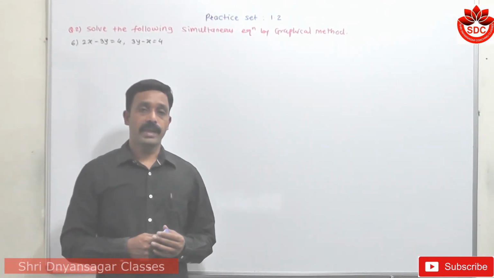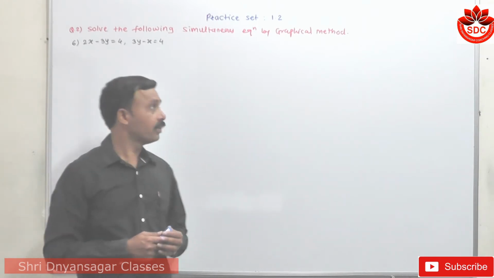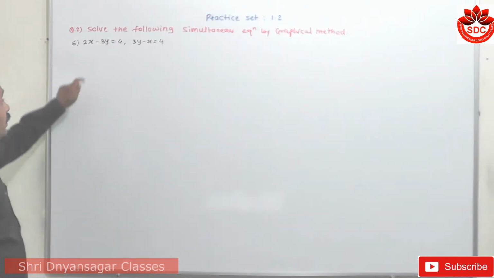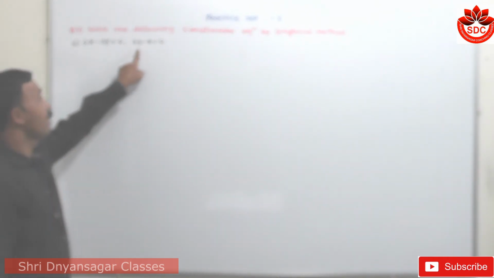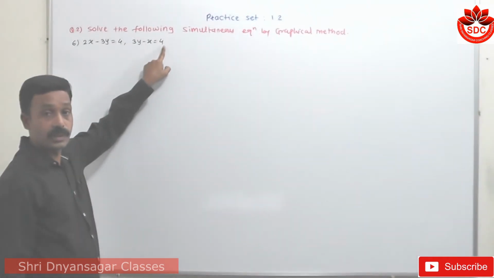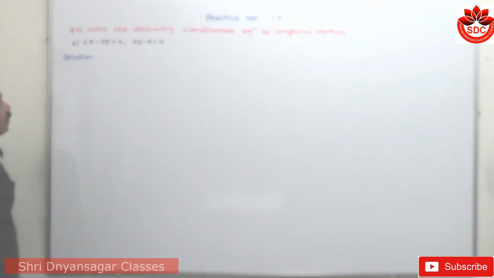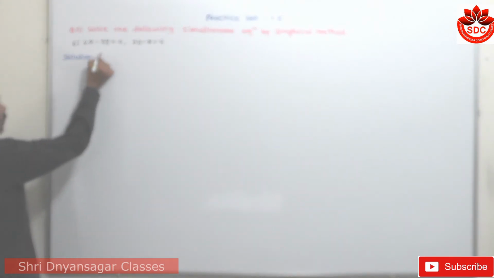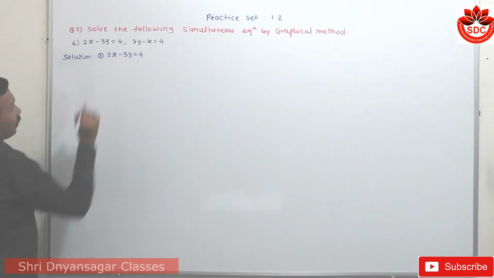Then we take the last question of practice set 1.2. This is the same as the earlier question. Question number 6: 2x minus 3y is equal to 4 and 3y minus x is equal to 4. Now students, the solution of these equations. The first one is 2x minus 3y equal to 4.